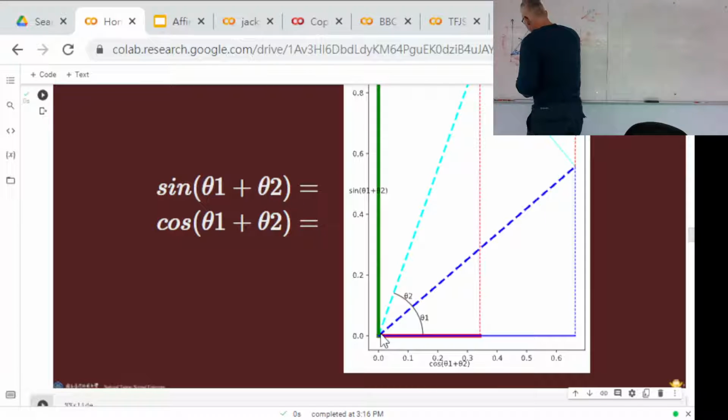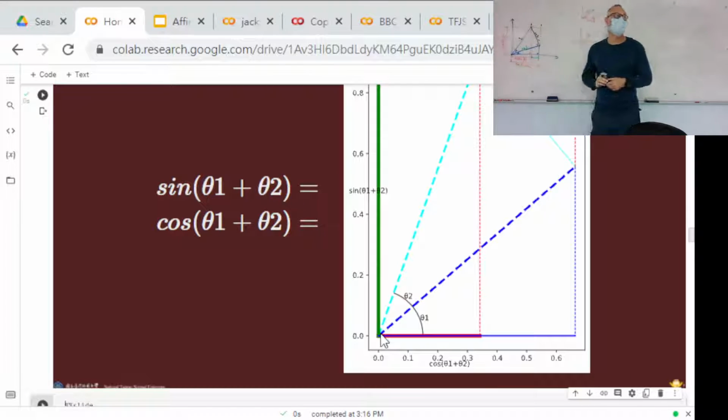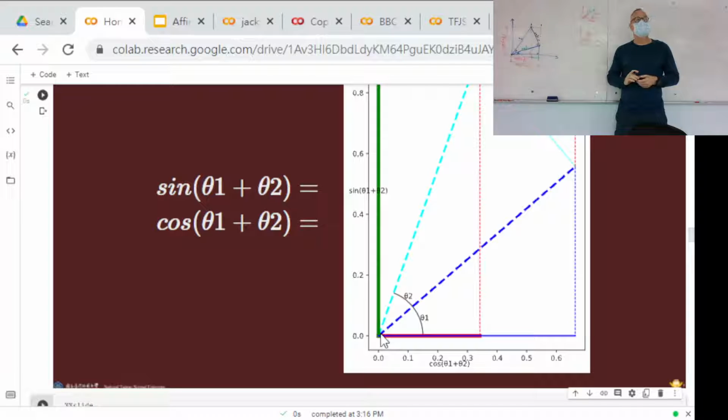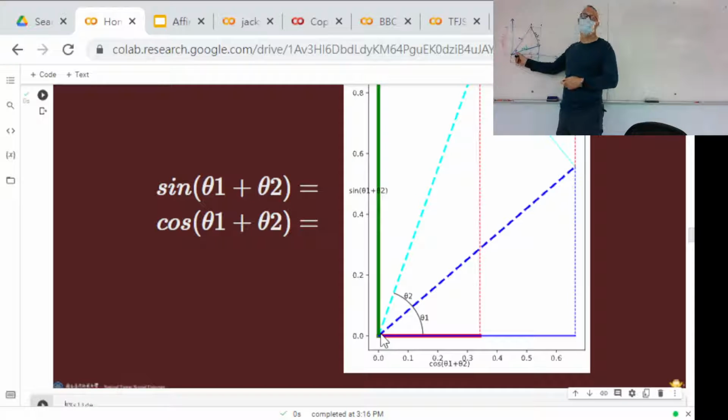What is this angle? This must be alpha because this is alpha, this is 90 degrees, this is 90 minus alpha. 90 minus alpha plus 90 degrees plus this unknown one must be 180 degrees, so this must be alpha.